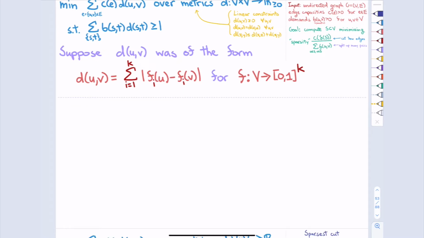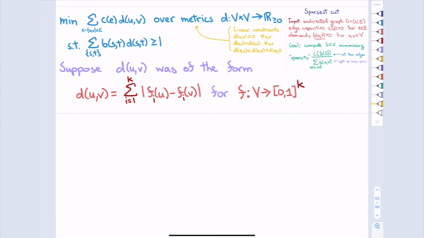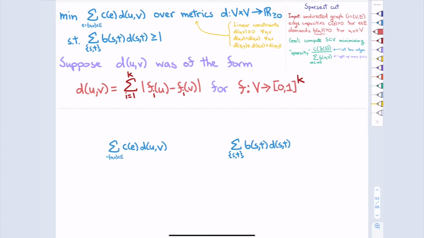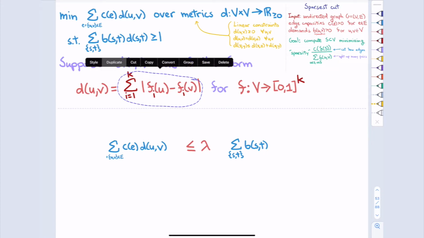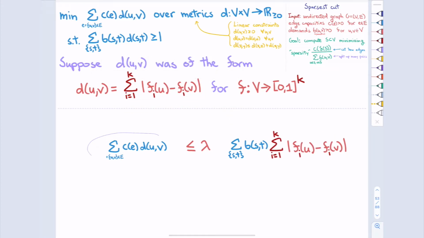All right, so here's what we know. We know that if we sum over, okay, let me copy this. So we know the LP solution is good, right? So we know that this is less than or equal to lambda times this thing, where these distances are now given by this.